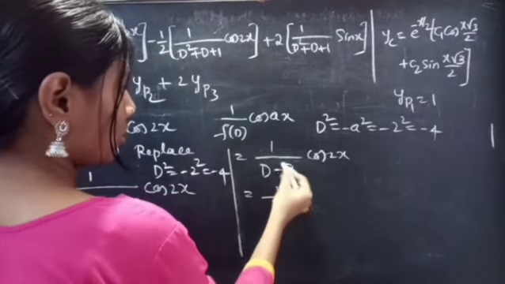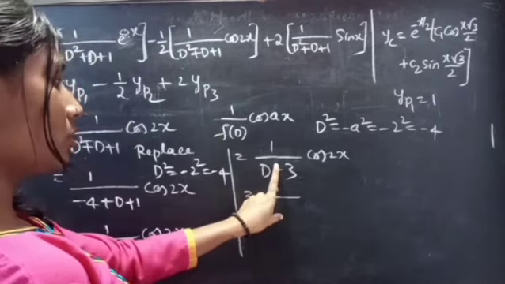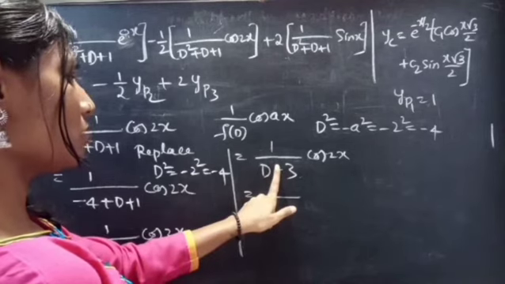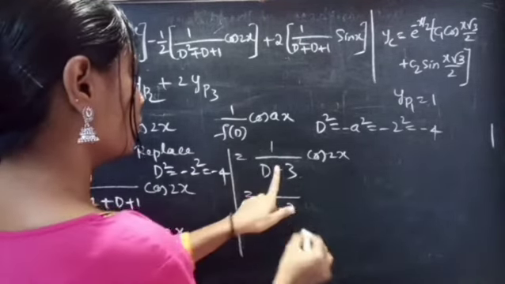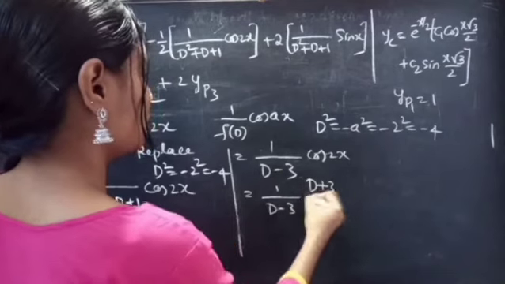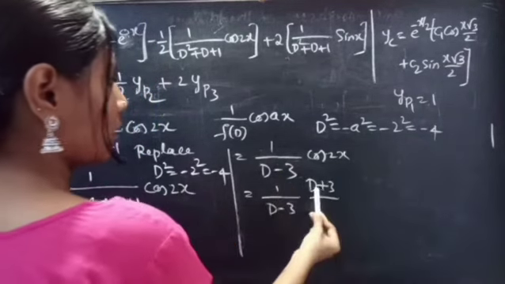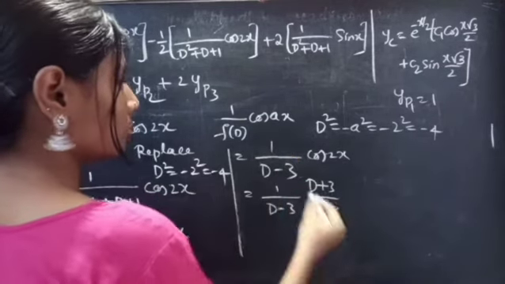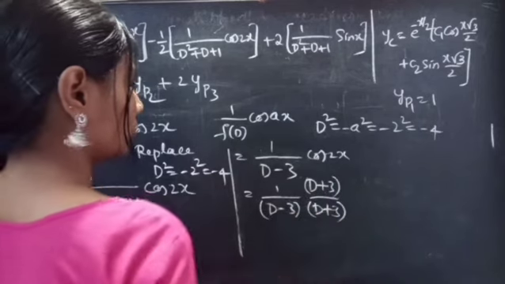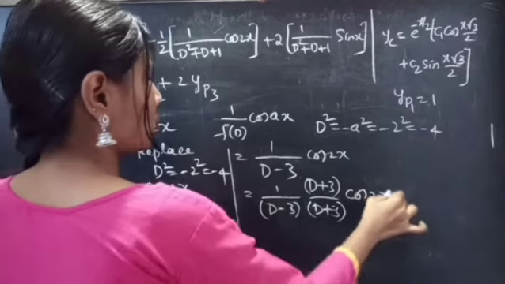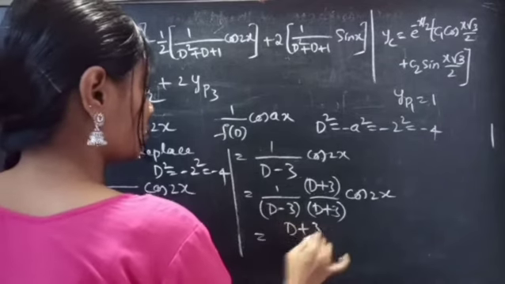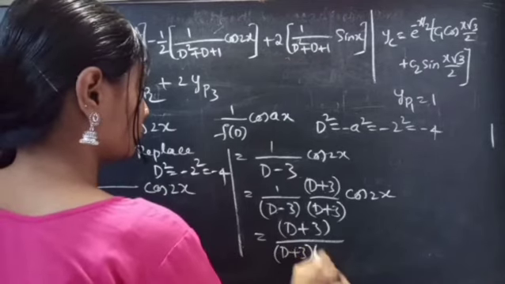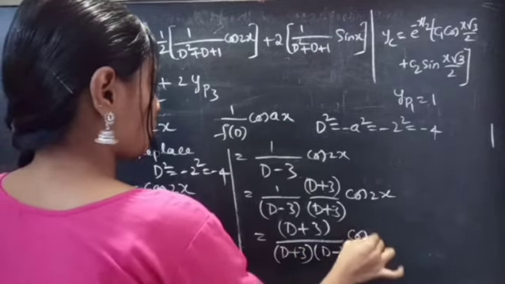See, you're having a minus sign between D and 3, between the first term and the second term, right? So let's change this sign. If we change this sign, we'll get D plus 3, right? So we need to multiply and divide this fraction by D plus 3, into cos 2x, which gives D plus 3 by D plus 3 into D minus 3 into cos 2x.